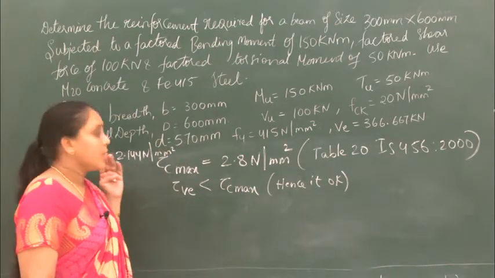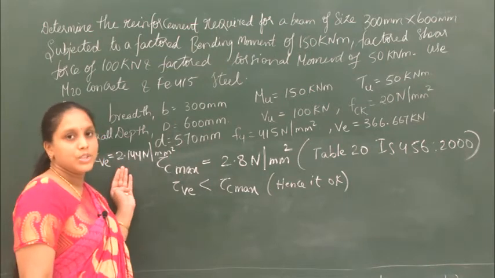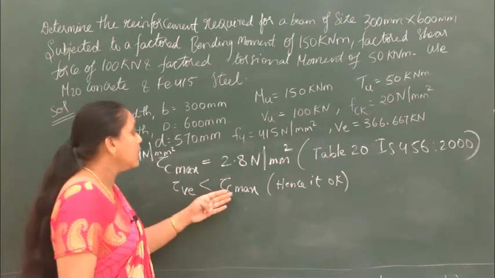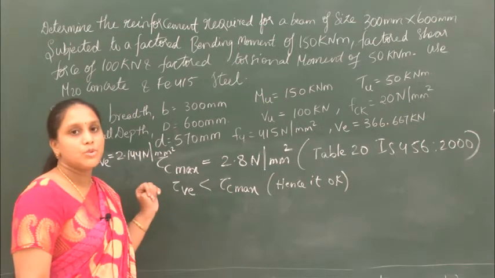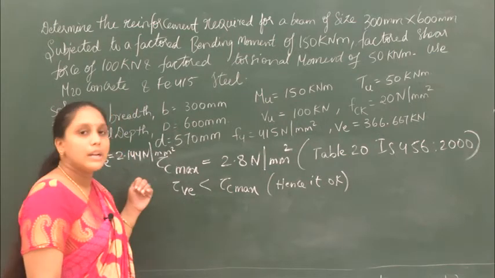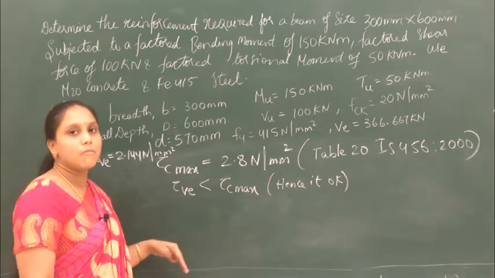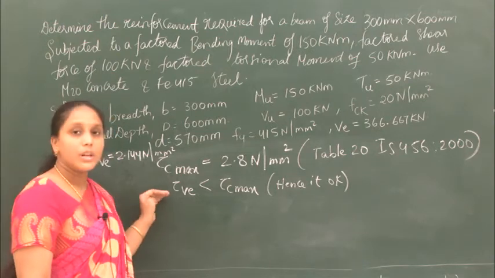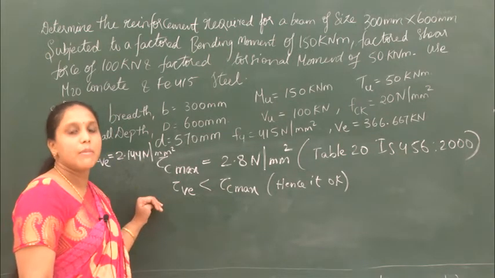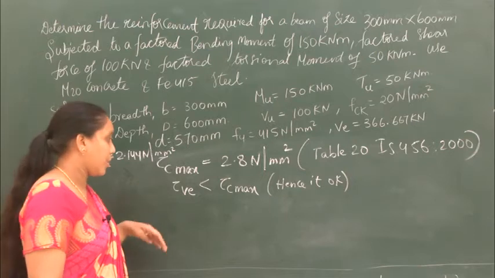Now what? We have seen the equivalent shear stress and we have seen the tau C max, that is the maximum shear stress of concrete. In the next step we will calculate the tau C. Tau C is nothing but the shear strength of concrete.